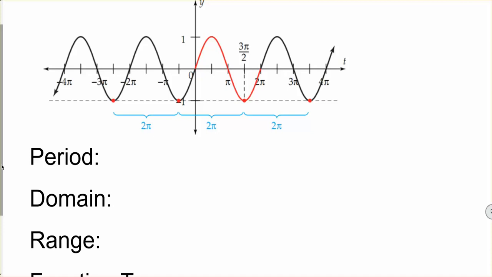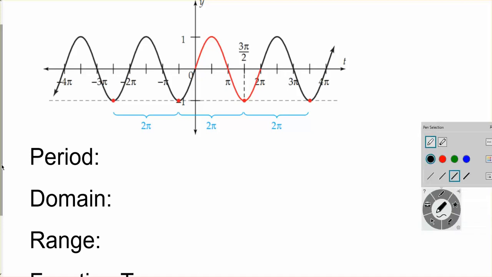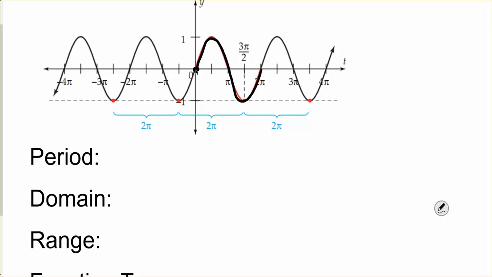So in this case, you can see that the graph, since it starts at 0, 0, the first point on here is right here. You can see that this goes up, boom, it stops right there. That starts at 0 and ends at 2 pi. That means that the period is 2 pi.